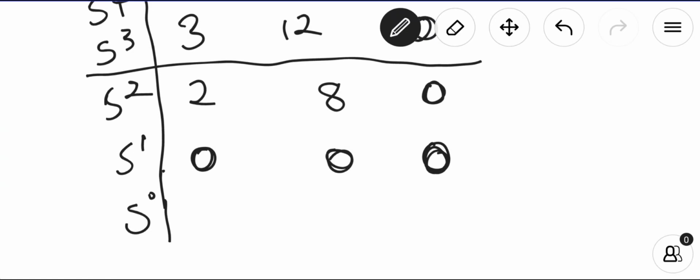So I said something. If we have a case like this, we are going to use the equation from s squared to actually get a value that we are going to substitute in place of 0 in this s to power 1.